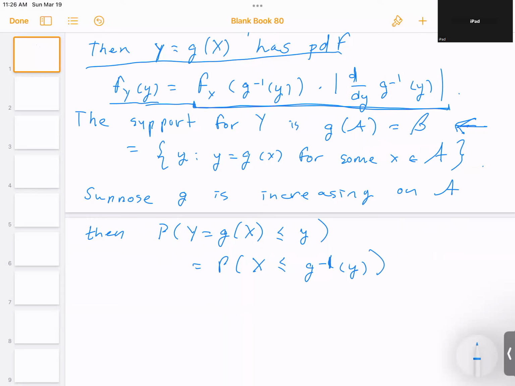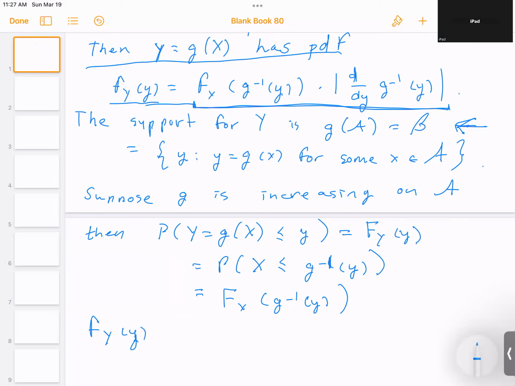Then this is just the CDF of X evaluated at g inverse of y, so F_X of g inverse of little y. I can take the derivative then, and I get the CDF of Y at little y, so this probability is F_Y of little y.